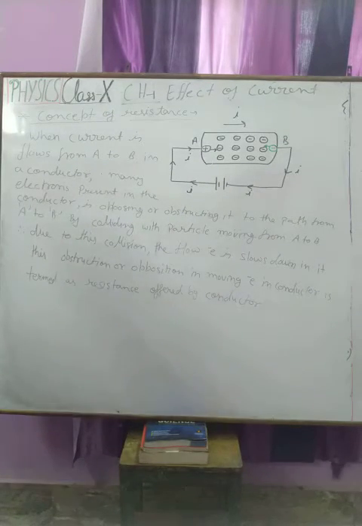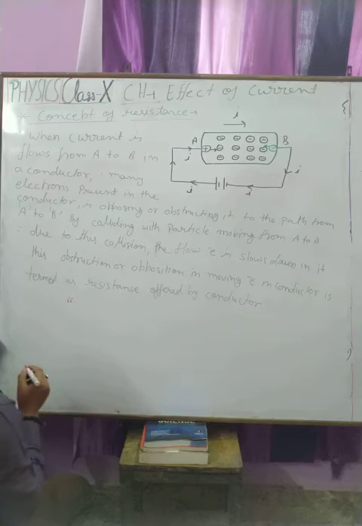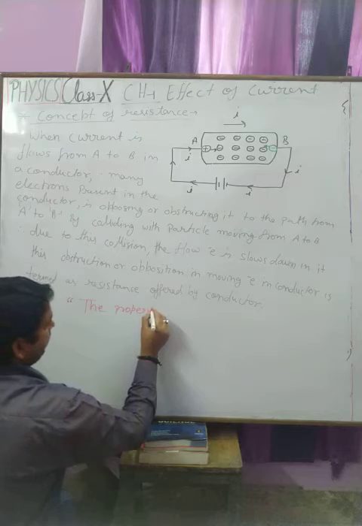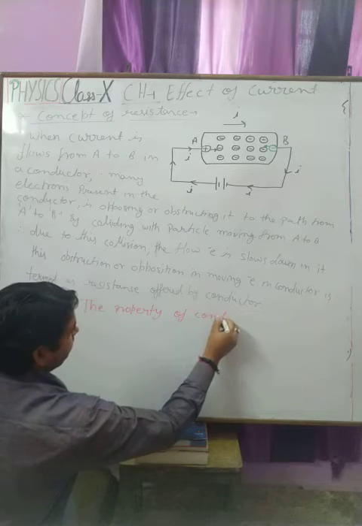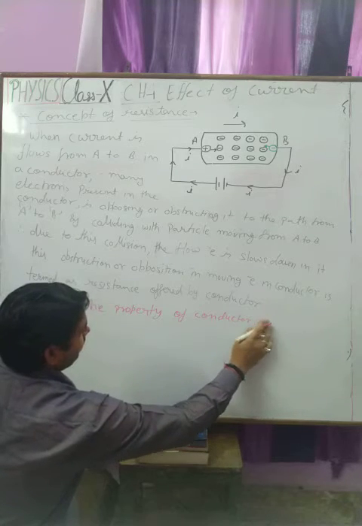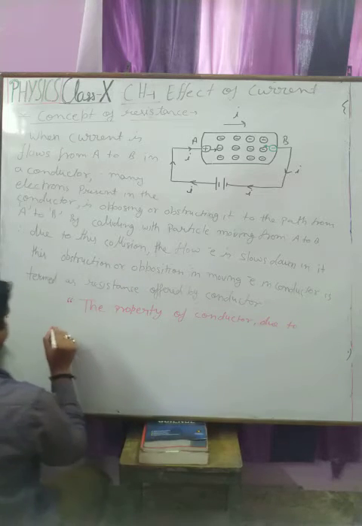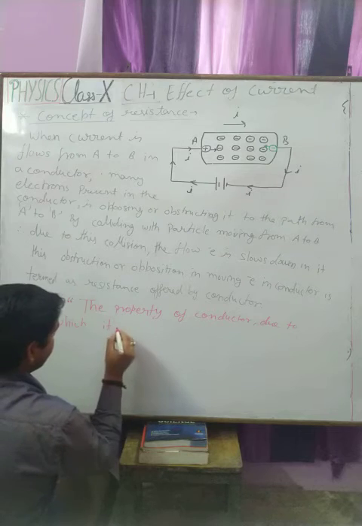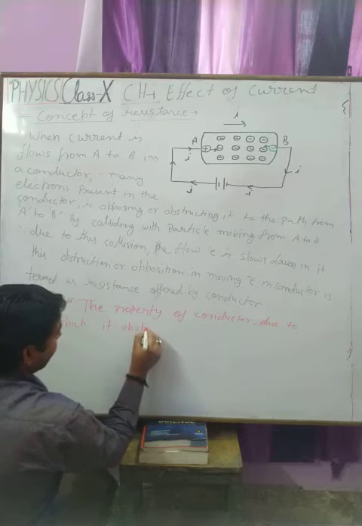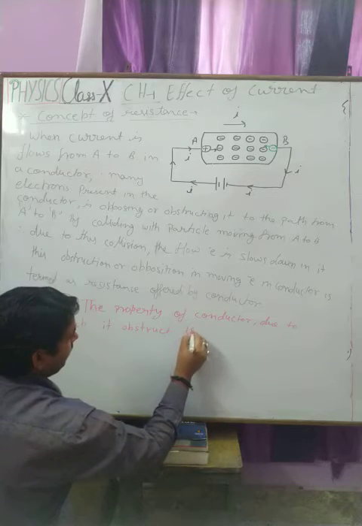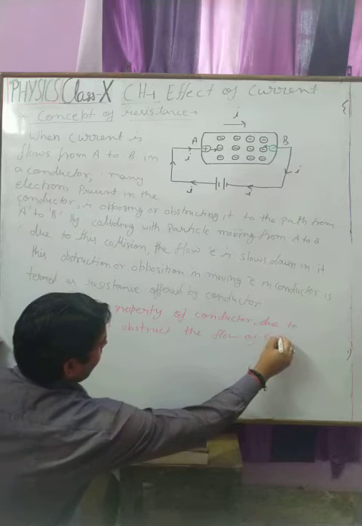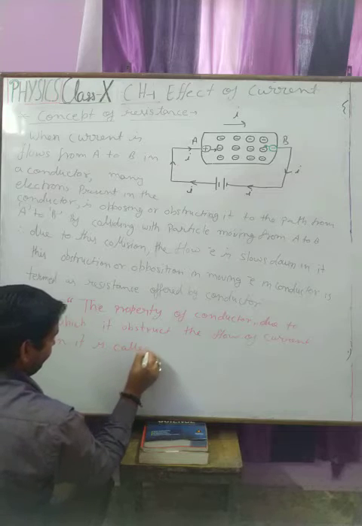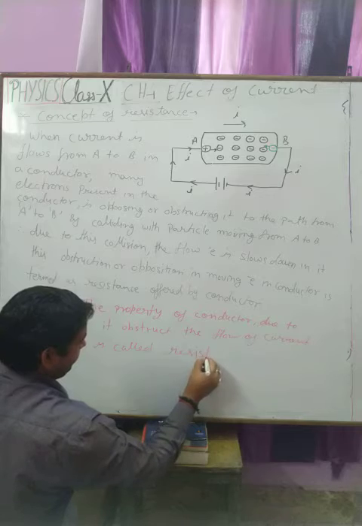Okay student, therefore the property of a conductor due to which it obstructs the flow of current in it is called resistance.